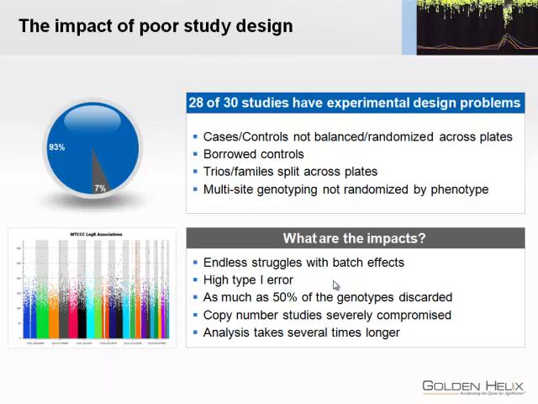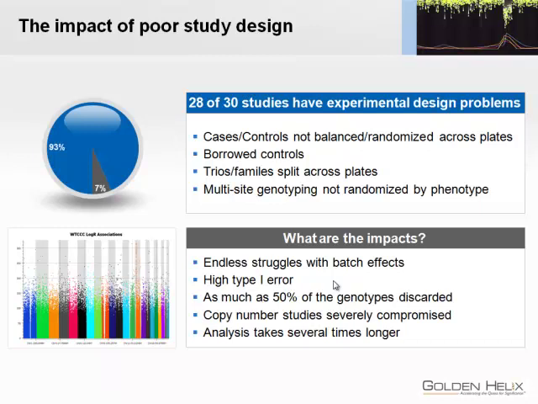When I talk about the design of experiments, there's the facet that David spoke about, which is around sample size and whether you're going to do a family-based study or a case control-based study. But the issues I'm talking about are almost the design of the actual experimental protocol, namely issues like cases and controls not being balanced in the plates.